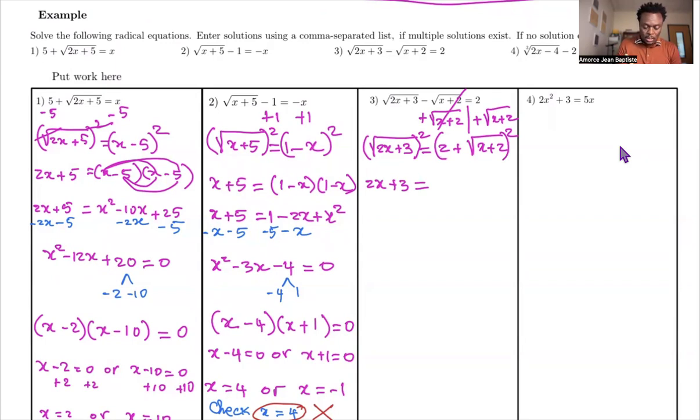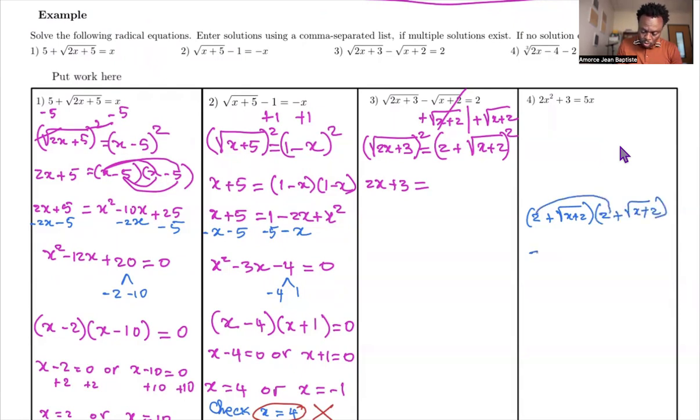Let me borrow this room to break it down. So that's 2 plus the square root of x plus 2, squared. We're going to multiply it twice. So 2 plus the square root of x plus 2.